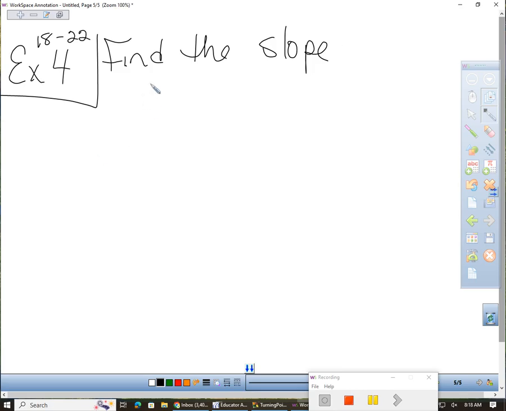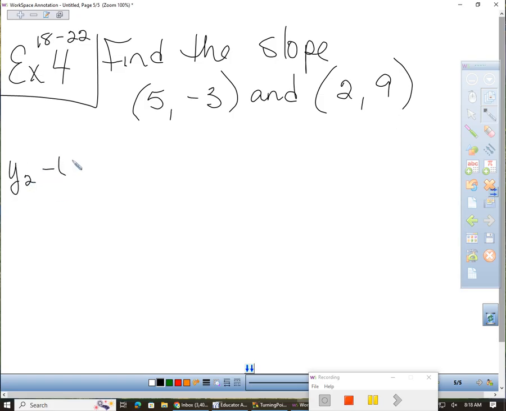So if I have the point, let's say 5, -3, and let's go 2, 9. We have to use that formula that we had at the very end of our list, which is y2 minus y1 over x2 minus x1. I'm going to remind you that this is my x1, y1, and this is my x2, y2.